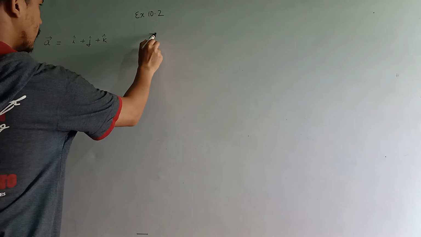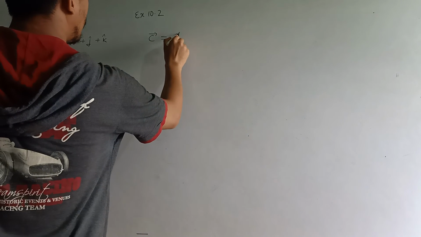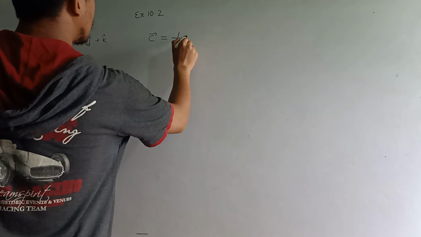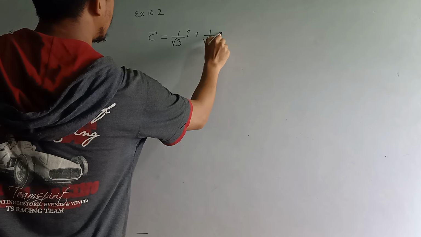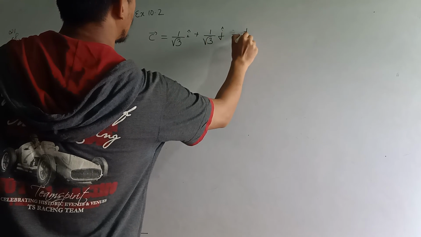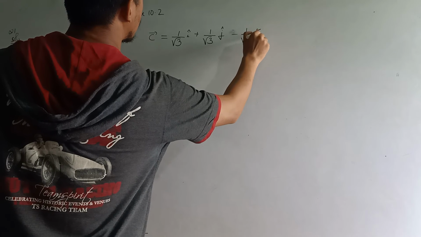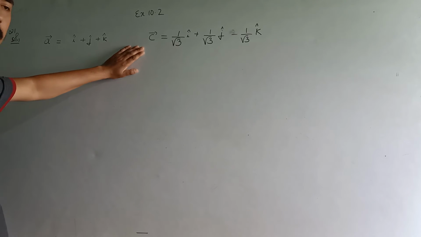Vector C is 1 by square root of 3 I cap plus 1 upon square root of 3 J cap minus 1 upon square root of 3 K cap. So you have to find out the magnitude of these vectors. I'll do the third one.